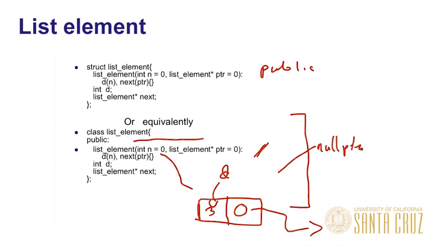So we have data and we have a next pointer, and those are the two fields that get initialized. And this constructor with its defaults, of course, allows us to have a number of signatures. In fact, since it defaults, it would also be the empty signature, so it could be used as the default constructor.